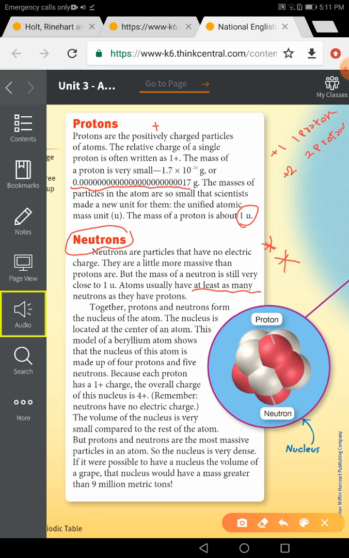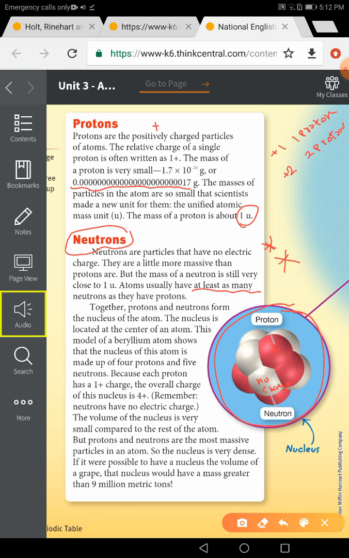So the nucleus consists of what? Protons with positive charge and neutrons without any charge. No charge for neutrons. Okay, guys, right.